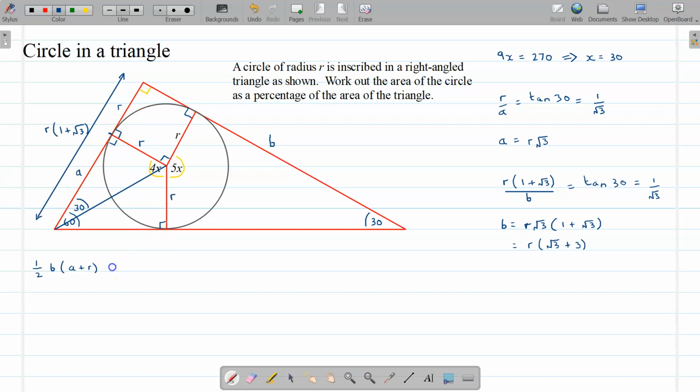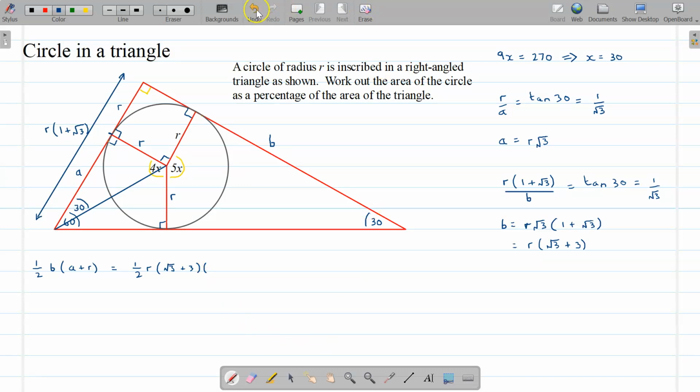Okay, is equal to a half of the base, which is r root 3 plus 3. Okay, so it's a half r(√3 + 3), times the height, which is 1 plus root 3.